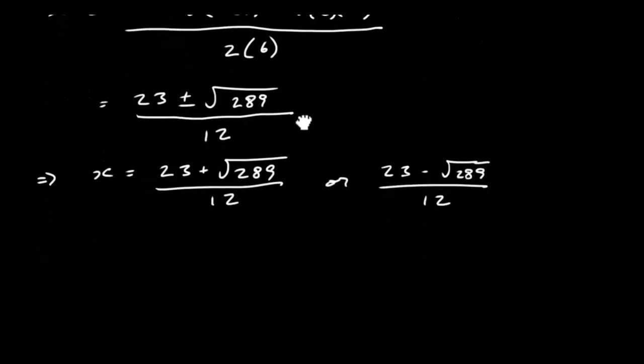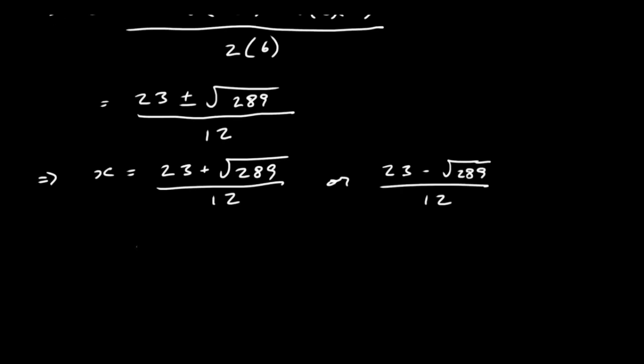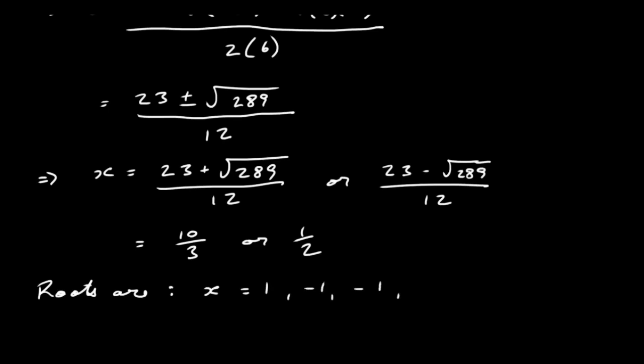And when you work those two out, on this side you get 10 over 3, or you get a half here. Okay, so now we have all our roots. I'll just write down the roots first. So our roots are x is equal to 1, x is equal to minus 1, x is equal to minus 1, x is equal to 10 over 3, and x is equal to a half.